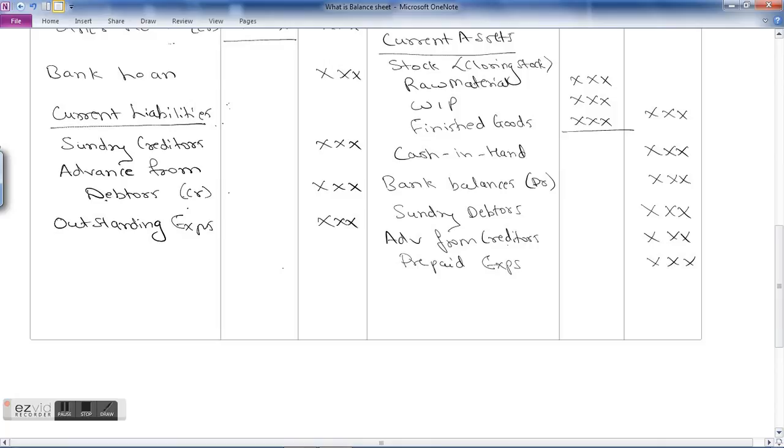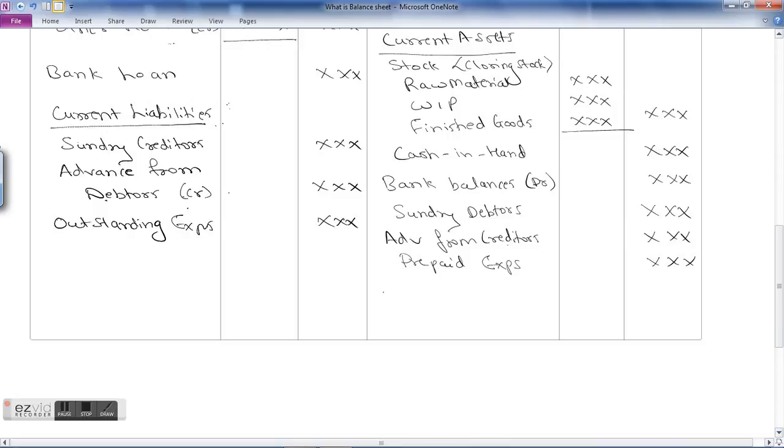Then if there is any other personal account, you need to see what is the nature of the account and what type of balance it's showing. If it's showing a credit balance, then see if it's a short-term liability or a long-term liability, and accordingly group it in the balance sheet. Similarly, if it's showing a debit balance, then you need to identify whether it's a short-term asset or a long-term asset, and accordingly reflect it in your balance sheet.